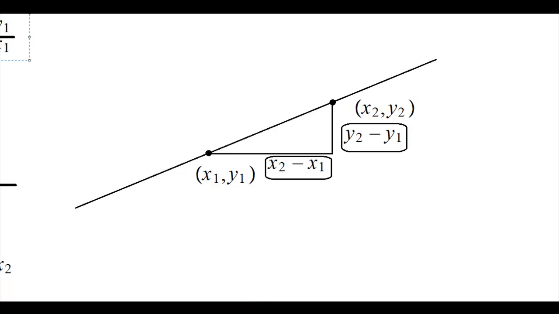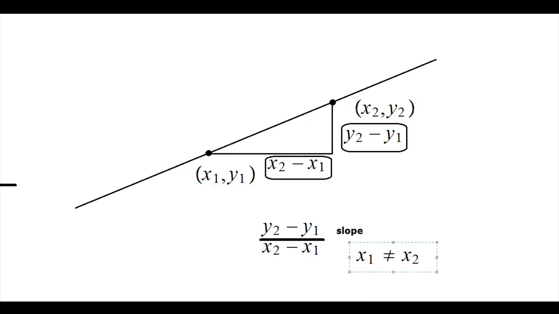So once we take y2 minus y1 over x2 minus x1, that will be the slope of this line. And as always, we have to put a caution here that we cannot have x1 equals x2.